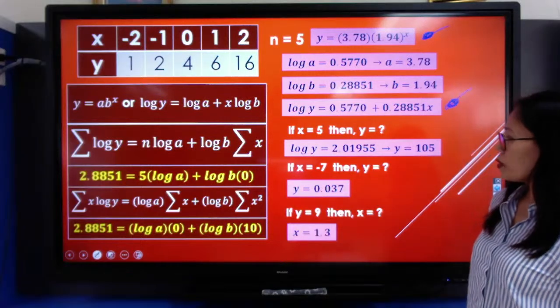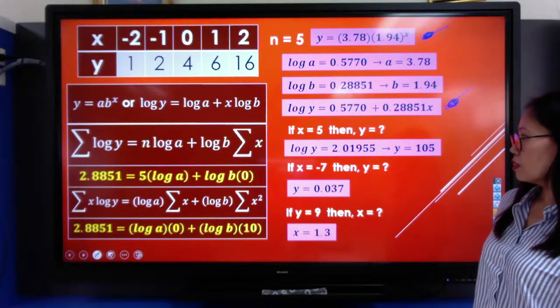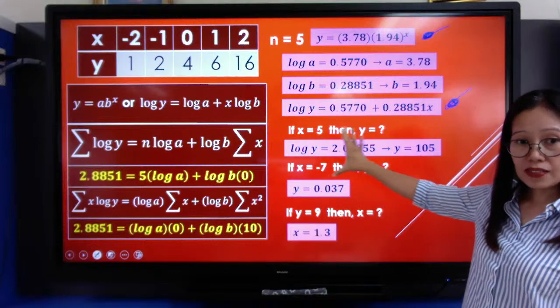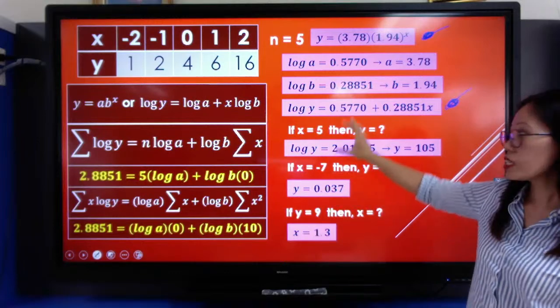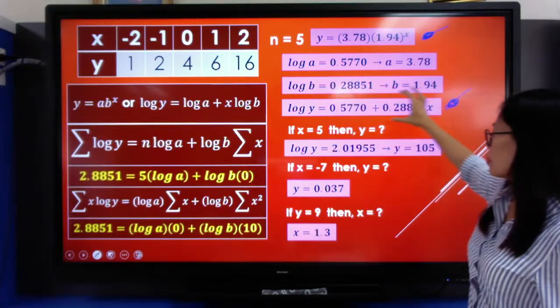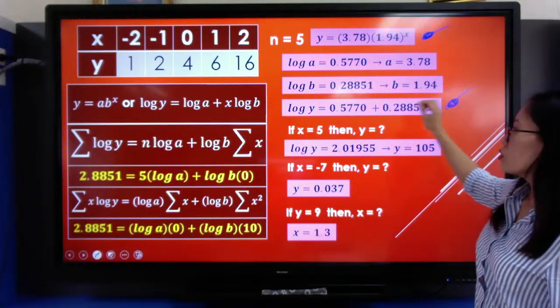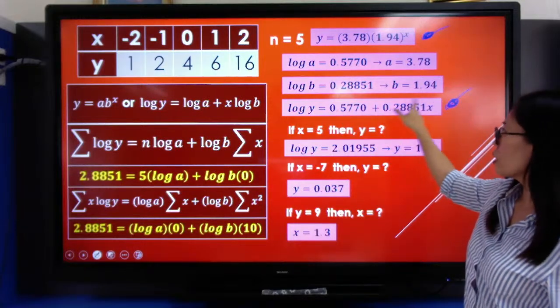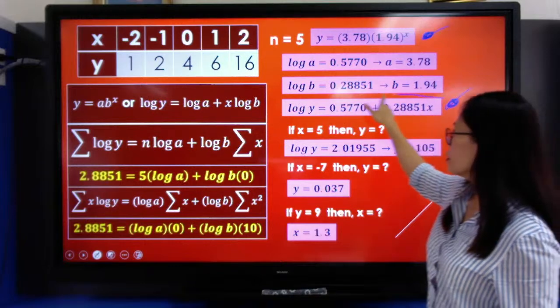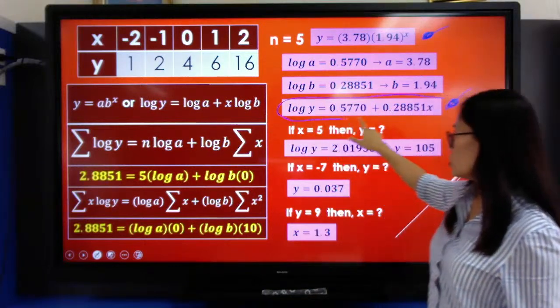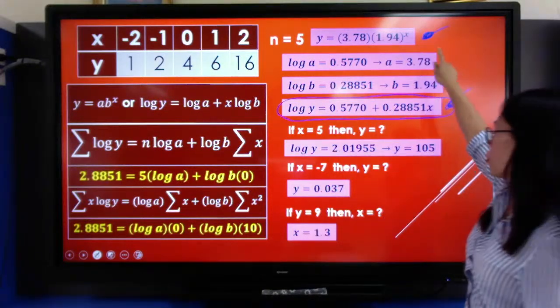All right. So we have here already the values. We already predicted the values here using our functional relationship. So the first one is logarithm of y. You can use this as your functional relationship.